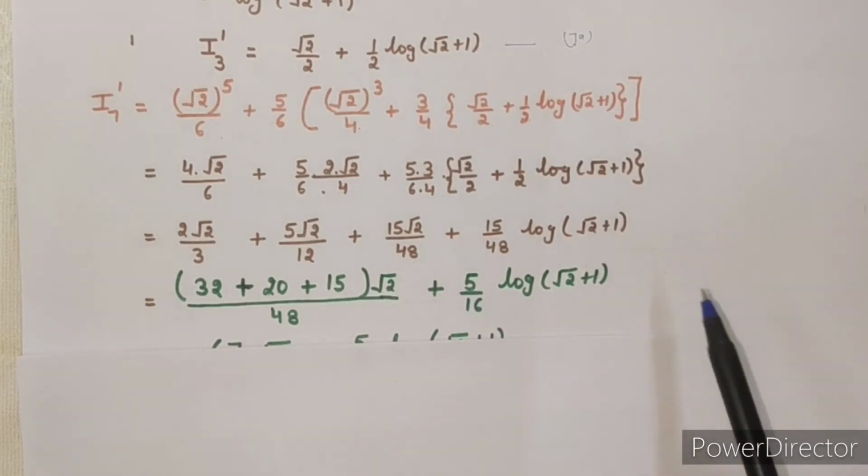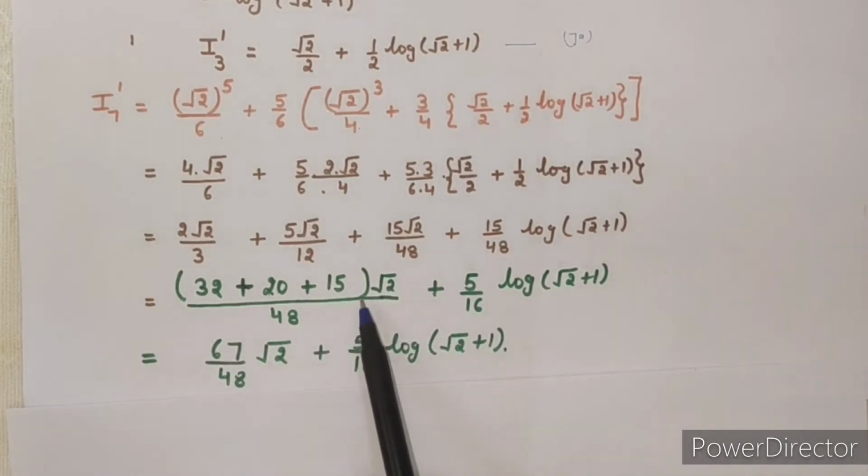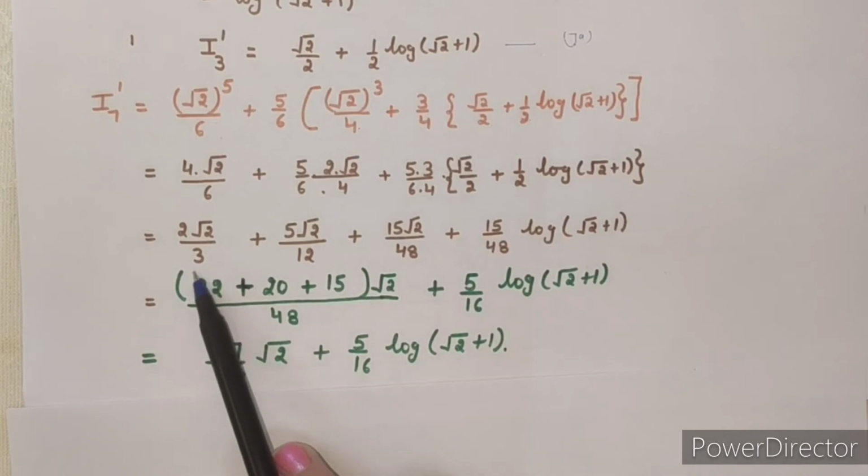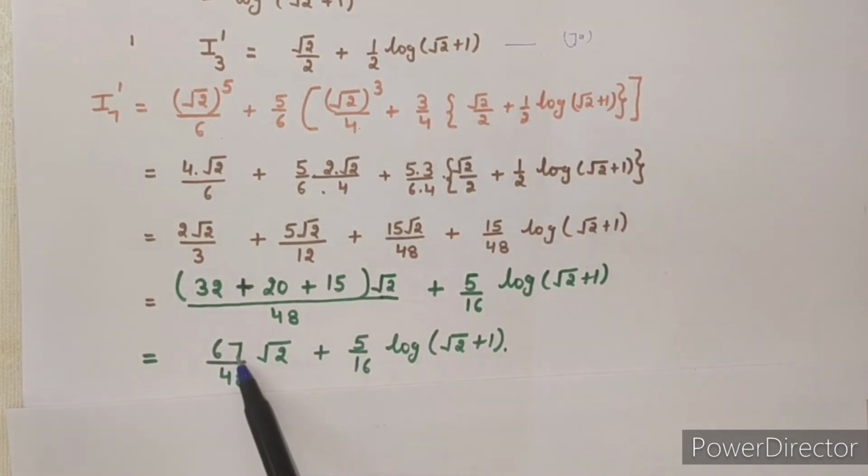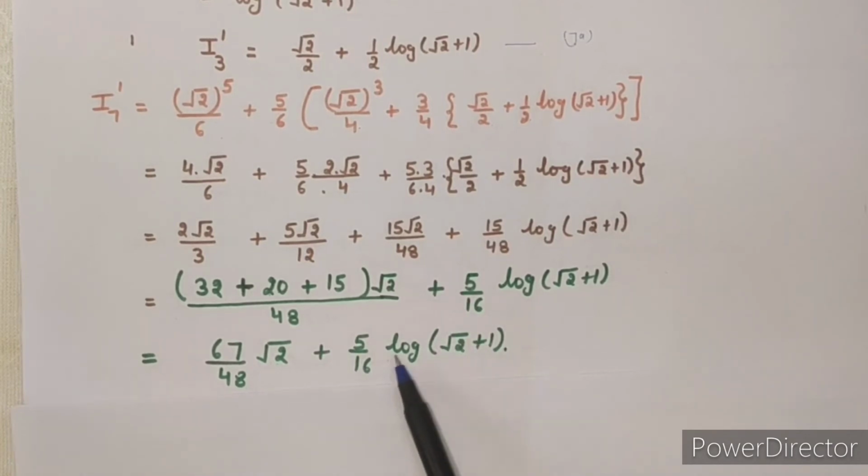It gives you this equation. So more further simplifications, this term is written as 67/48 under root of 2 plus 5/16 log of under root 2 plus 1.